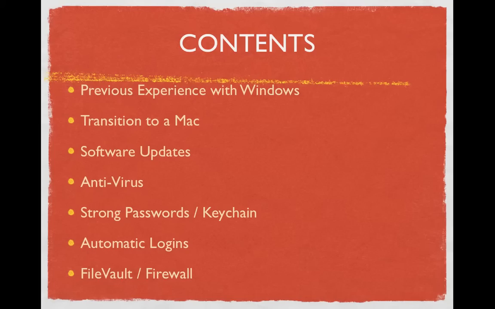Strong passwords slash Keychain, which is a program that you could use to help protect your strong passwords, and then automatic logins, what you need to do in order to prevent any theft from entering your online accounts. And then FileVault slash firewall, which is the last topic we're going to be talking about today.